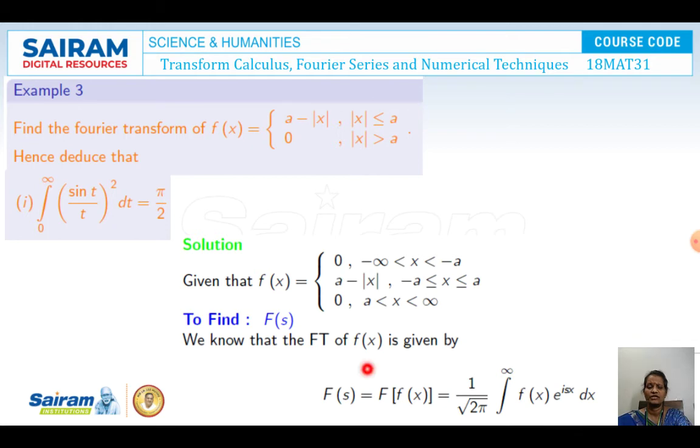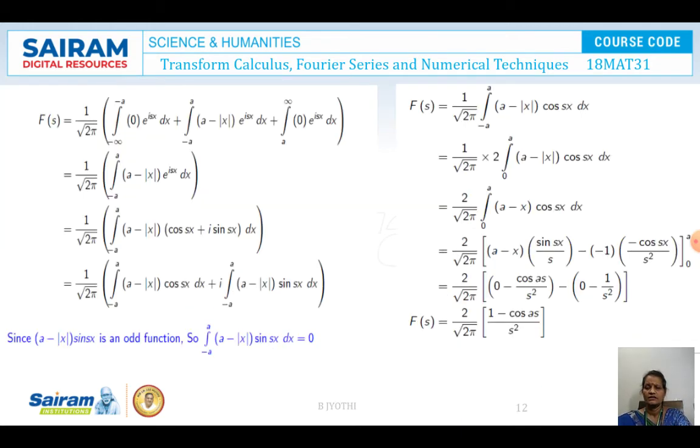Consider the given formula. Then substitute only the middle part we have, that is, minus a to plus a, a minus mod x into e power isx. So e to the power of isx can be written as cos sx plus i sin sx. Then a minus mod x into cos sx dx plus i into a minus mod x into sin sx dx.